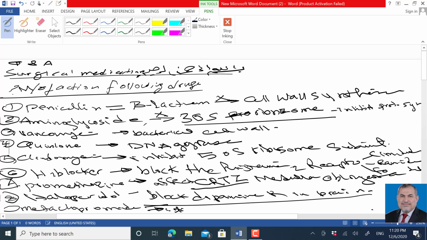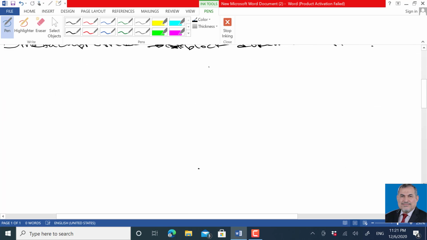Block dopamine receptors in the stomach. Okay? We say that about metoclopramide.